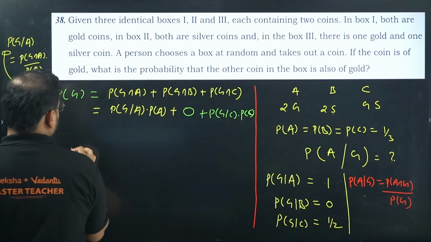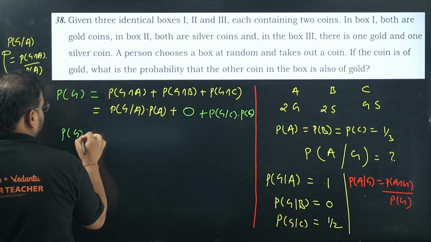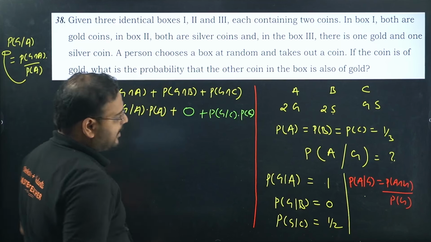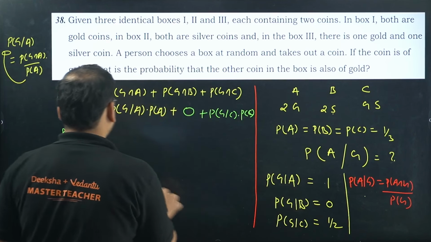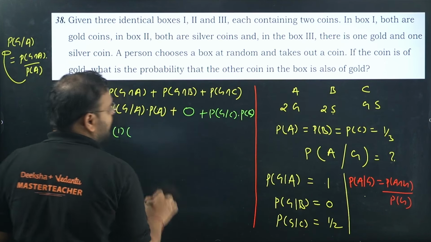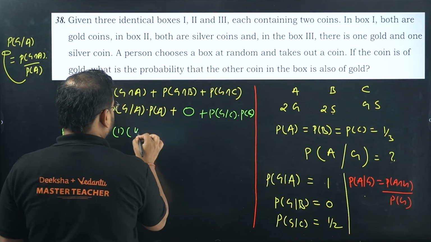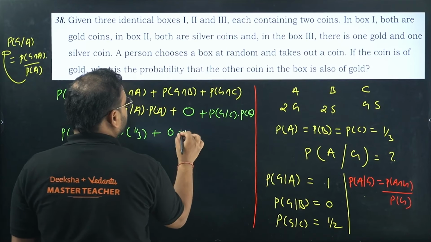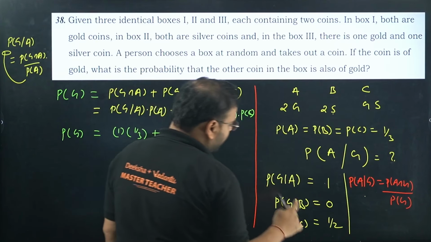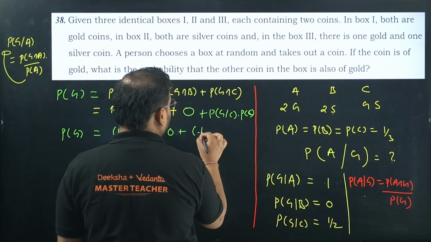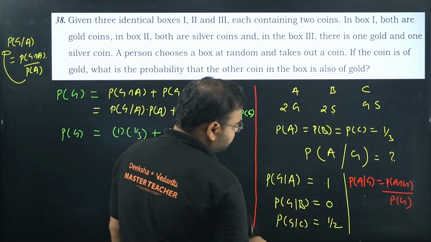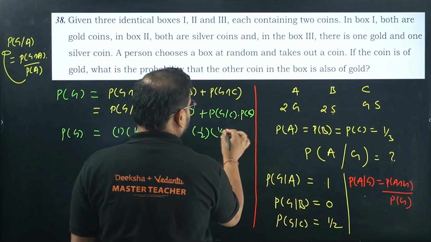Check the values now. My PG value will clearly be PGA. How much is PGA? 1. So 1 into PA. What is PA? The PA value is 1 by 3. Plus this is 0. PGC, getting the gold from C, is 1 by 2. And what is PC? Again 1 by 3.